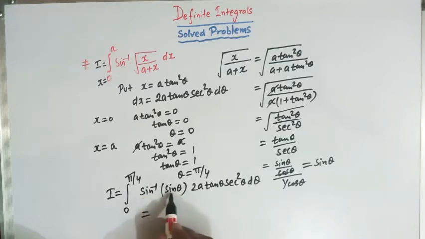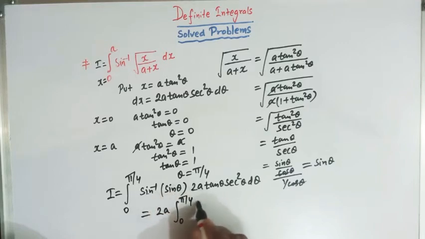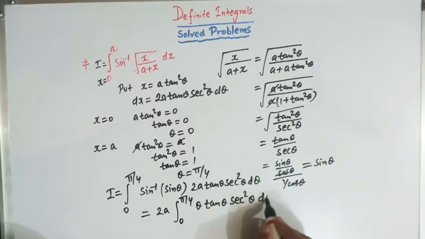Now by the definition of sine inverse, this sine inverse and this sine get cancelled, so we have here 2a, and this is 0 to pi by 4, and here we have theta, then we have tan theta sec square theta d theta.